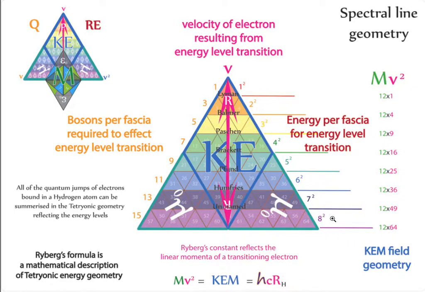Again, v squared, nu squared. Nu squared is exactly the same as v squared. There's a direct relationship. Again, using the natural velocity of energy, we can convert Rydberg's constant from frequency to wavelength to wave number and show it's a measure of linear momenta.